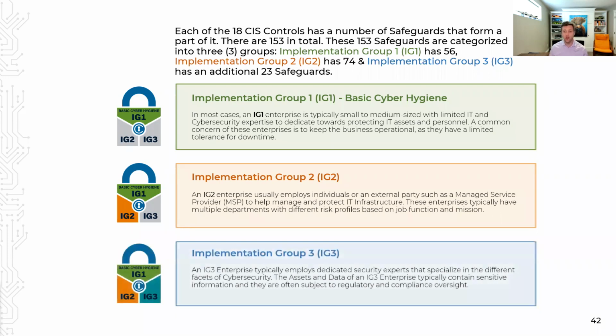And if you had your own internal IT department, or you had compliance requirements, you were more advanced, you had a lot of intellectual property, you might be looking then at implementation group 3, which would be the last 23. So each layer builds on the one before it.